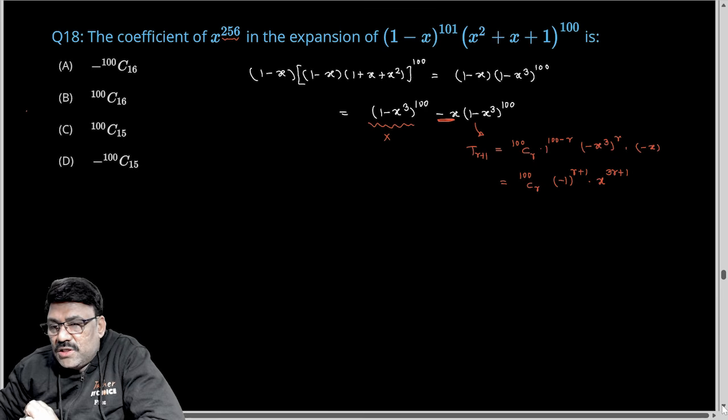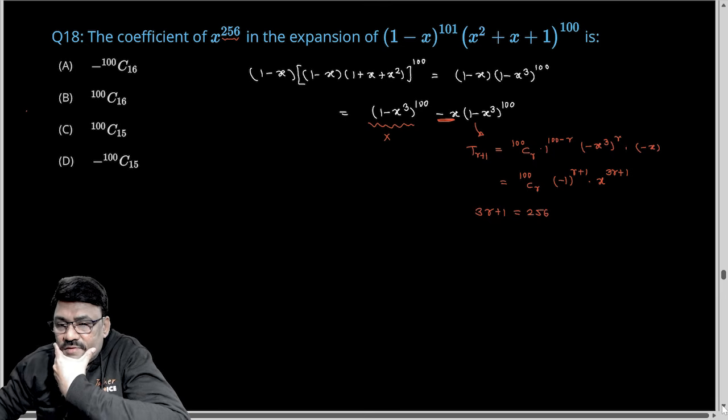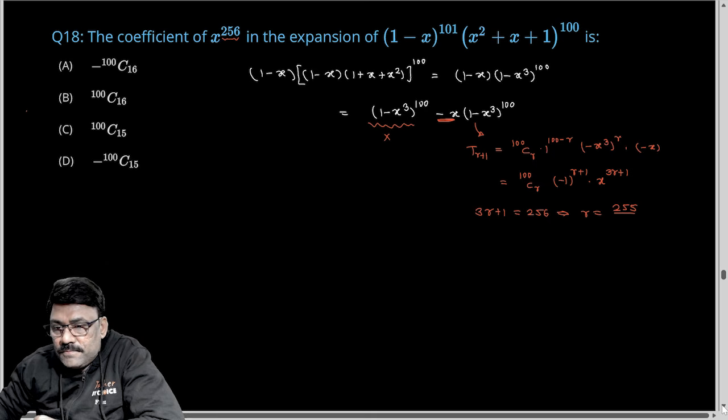Now this 3r plus 1 should become 256. So r will be 255 by 3. Just divide, and you will get 85. Now just put r equal to 85, and you will get your answer.